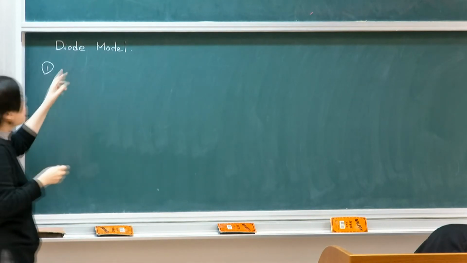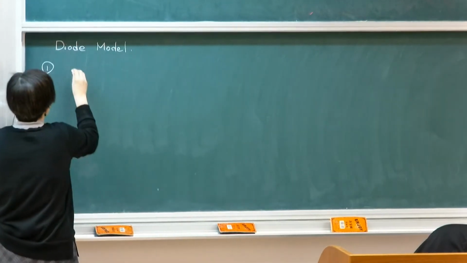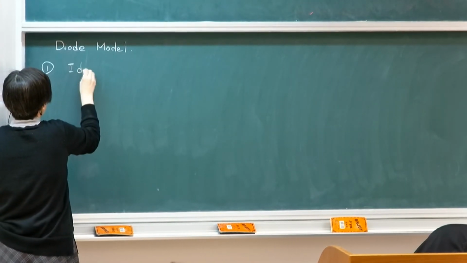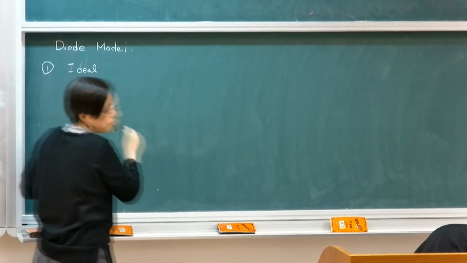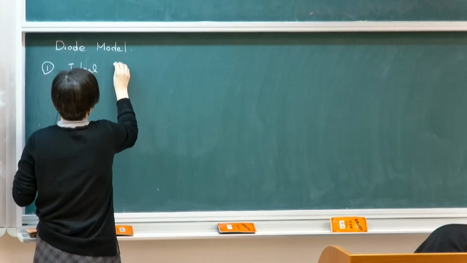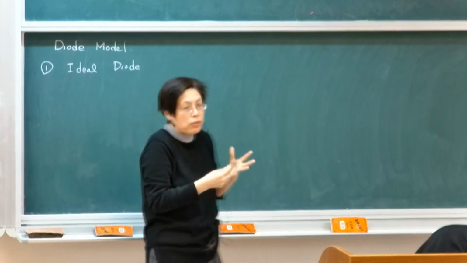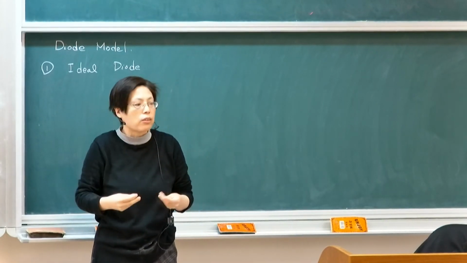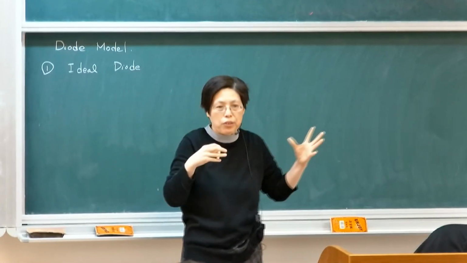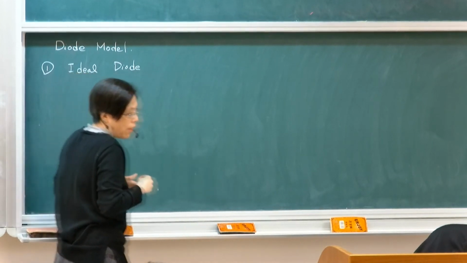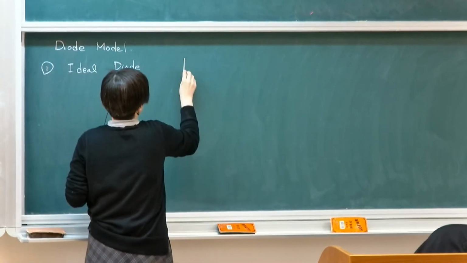Then we use the roughest model, I should say, the ideal diode model. What I mean by ideal model is that I don't actually want to know how much it takes to turn on. I just want to know whether it's on or off. So the ideal diode model looks something like this.